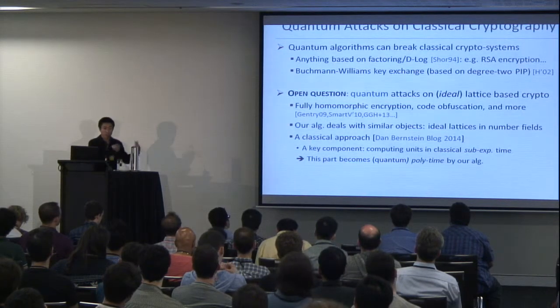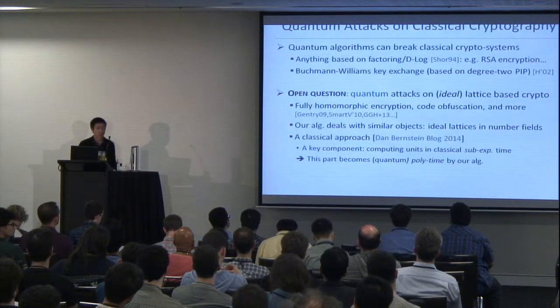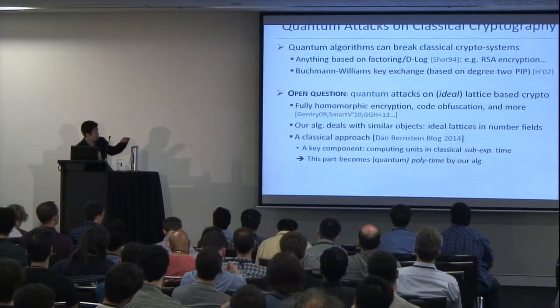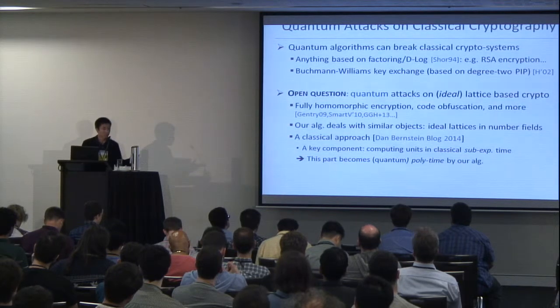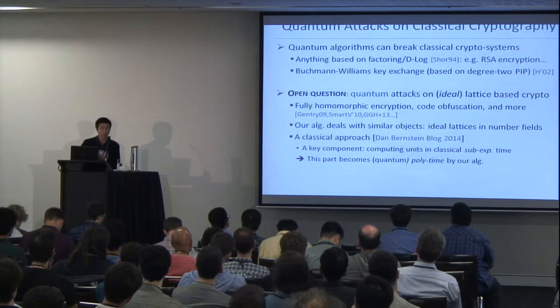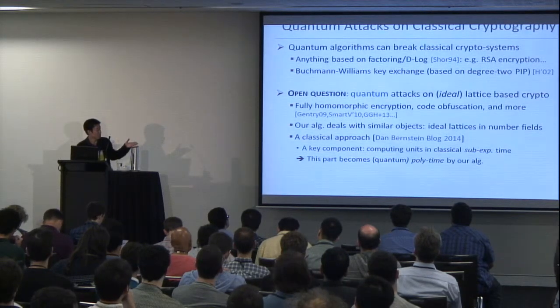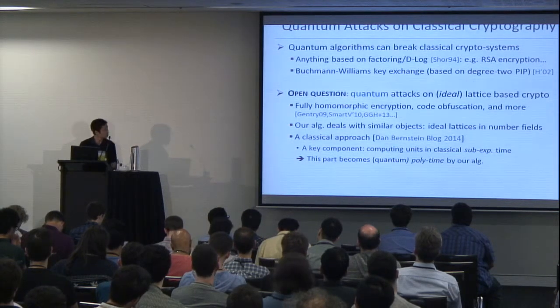And applying our quantum algorithm, this part immediately becomes polynomial time. Okay, so this is all I want to say about the connection to cryptography. So our algorithm solves an important problem in number theory. It also shows another example of quantum exponential speedup, and it seems to also have the potential to attack classical crypto.